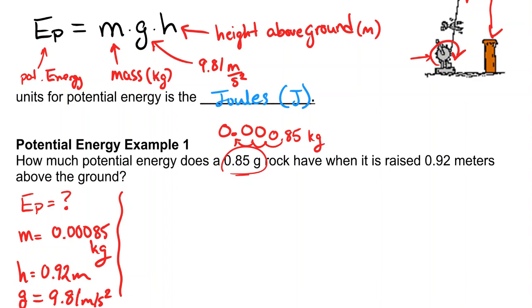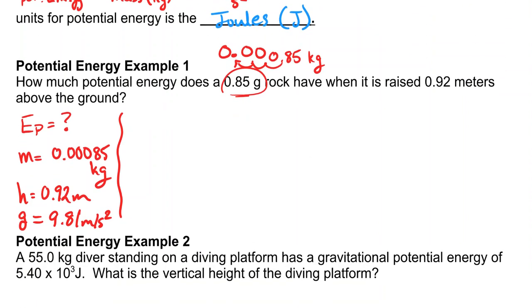Here we go. So we want to calculate potential energy. Potential energy is mgh. It's already arranged, already isolated for the variable that we want. EP is all by itself. Good.